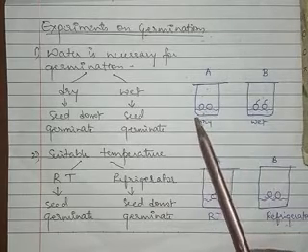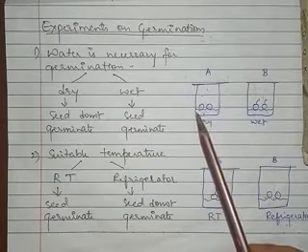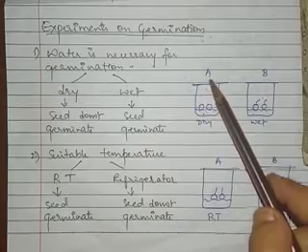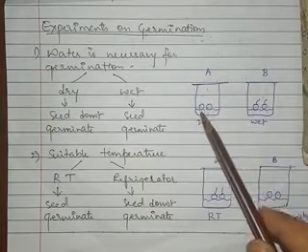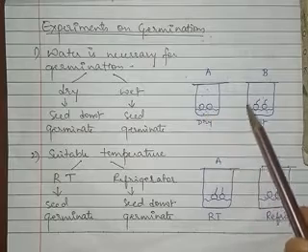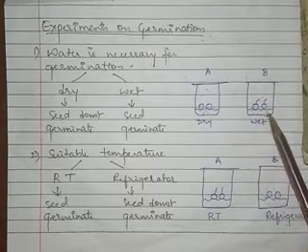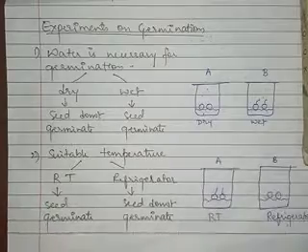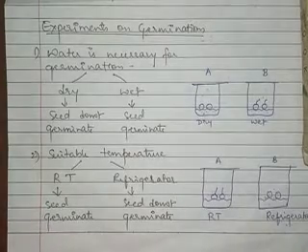Any seed you can take, green gram or pea. In beaker A, you place the seed on dry cotton wool, and in beaker B, you place the seeds on wet cotton wool. Then you keep both the beakers at room temperature for a day or two.